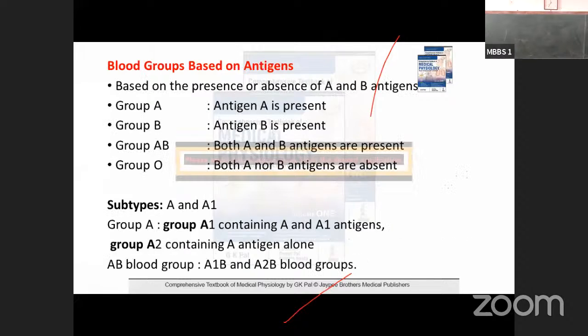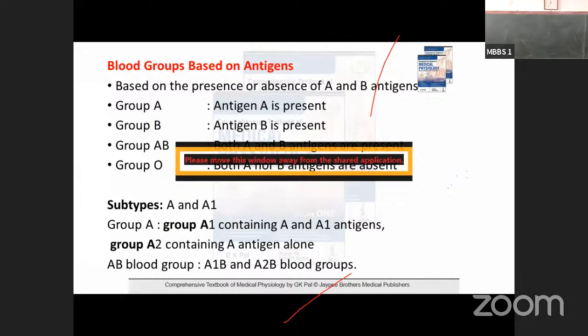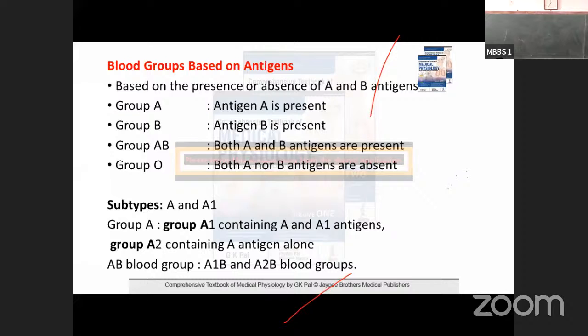This is very important. Blood groups are based on these antigens. In blood group A, antigen A is present on the cell membrane of the RBC, the corresponding A antibodies are absent, and B antibodies, or beta agglutinin, are present. Understand? In blood group A, antigen A is present, antibody A is absent, and antibody B is present.